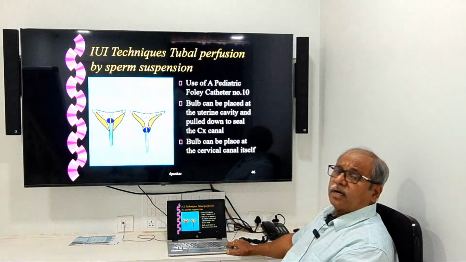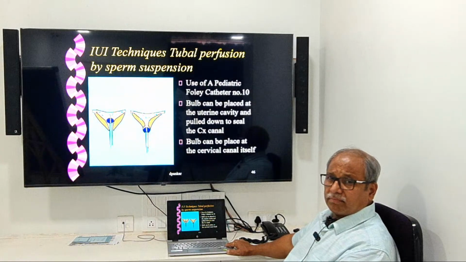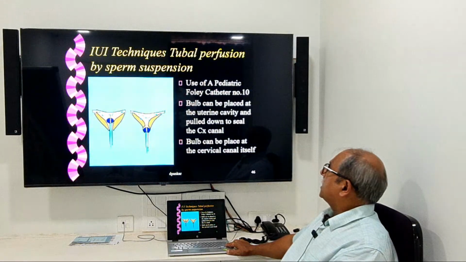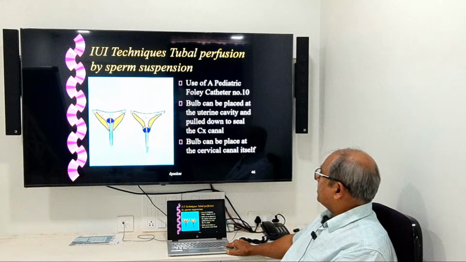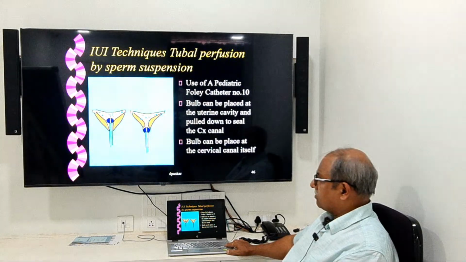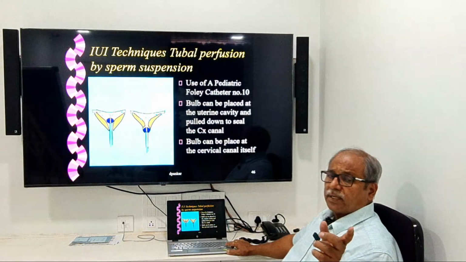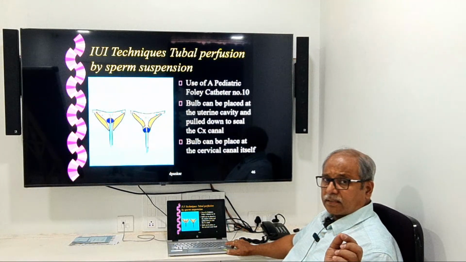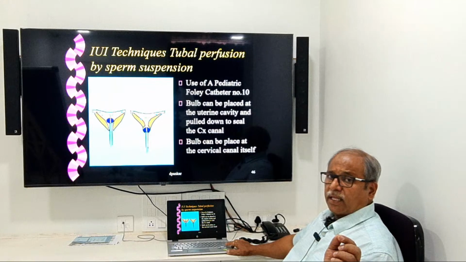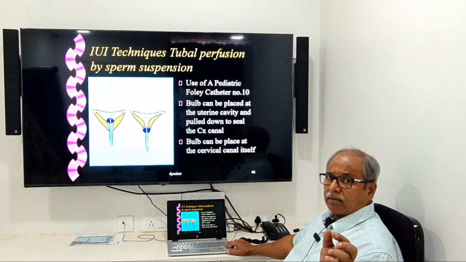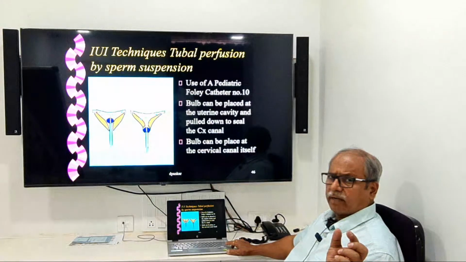I used early on a simple sterile Foley's catheter, and the bulb can be placed in the uterine cavity and pulled down to seal the cervical canal. The bulb can also be placed in the cervical canal itself. Again, there is a problem if you inflate this bulb too much, as there will be expansion of the uterine wall or uterine cavity or the cervical canal.